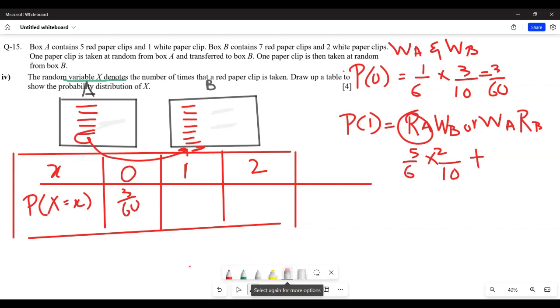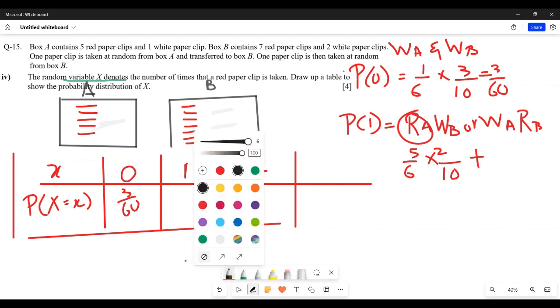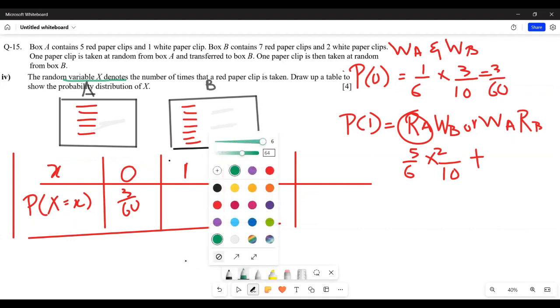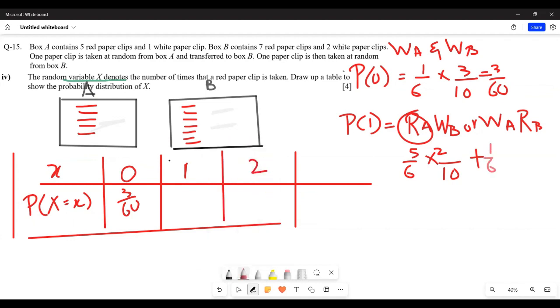प्लस फर्स्ट वाले में व्हाइट आना चाहिए, सो दैट्स 1/6 सॉरी, इनटू सेकंड वाले में आना चाहिए रेड। अब इधर व्हाइट आया था तो व्हाइट एक इधर एक्स्ट्रा आ गया। So now we're finding the probability of getting a red clip.